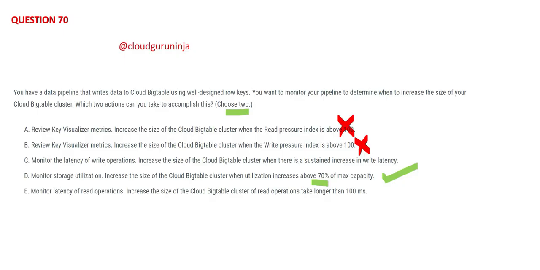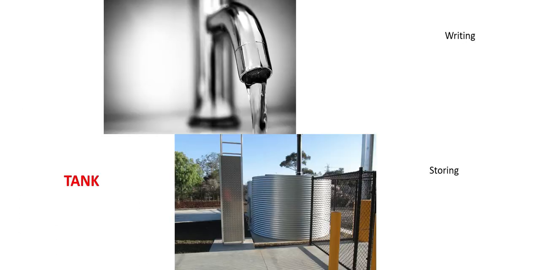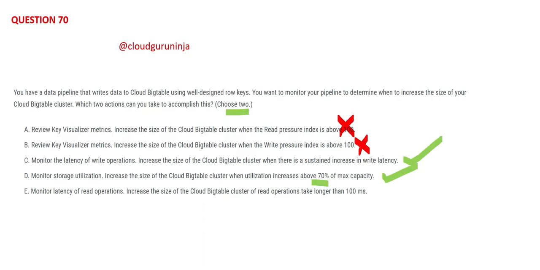And if it is 70% and water is flowing too fast, you will say, boss, now bucket will not serve the purpose. I need to put a tank. So we put a tank so that we can store more. The bucket storage is getting full, no? Now we will put a tank so that we can store more. So C is also correct. We want to choose two answers.